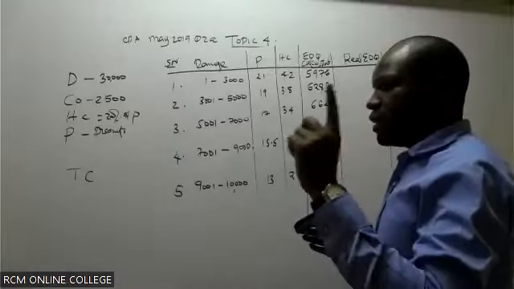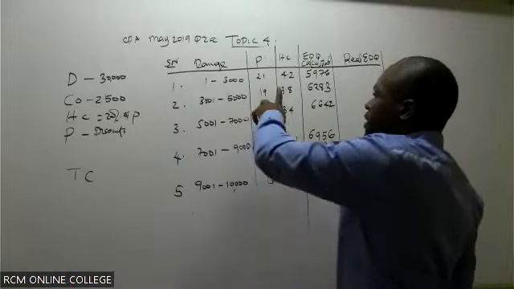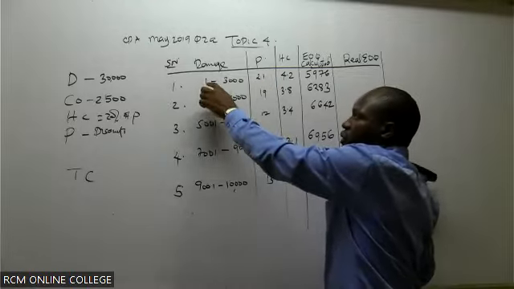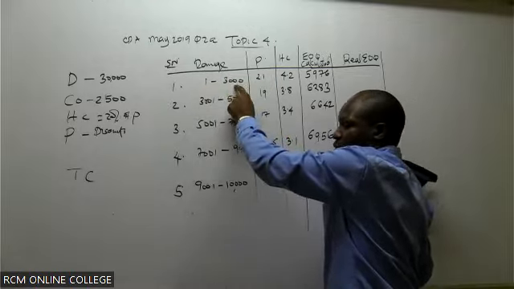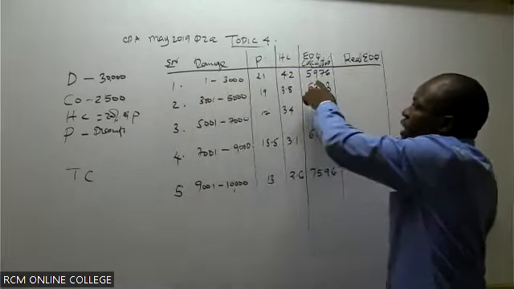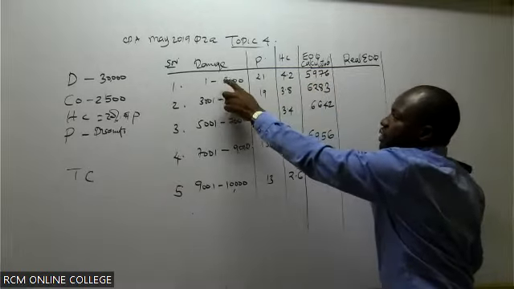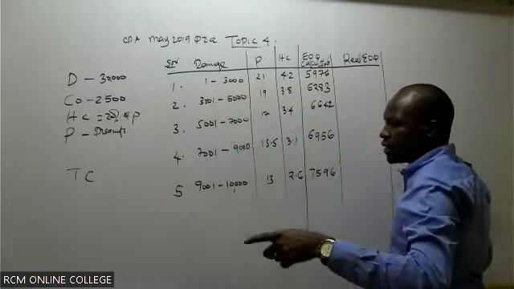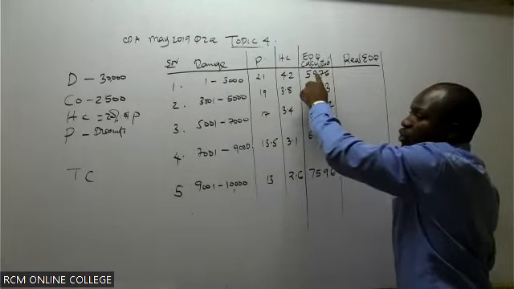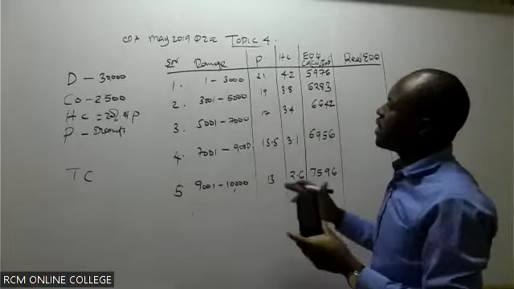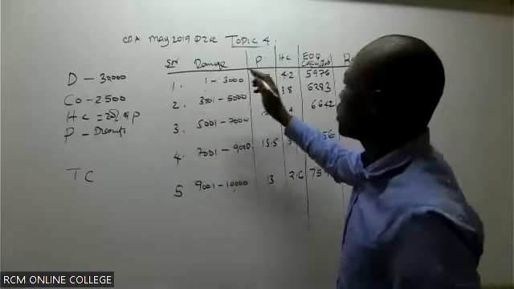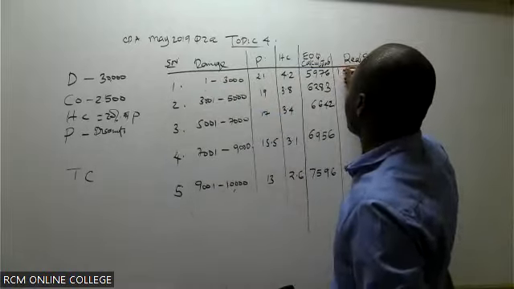For you to get the discount so that you can purchase these goods at 21 shillings per unit, you must have purchased goods between 1 to 3,000. If you look at your economic order quantity, it is above this range. And the rule says you are allowed to order above economic order quantity, but not below. And since the range here is below your economic order quantity, you cannot order. So what are you going to do? Ignore.